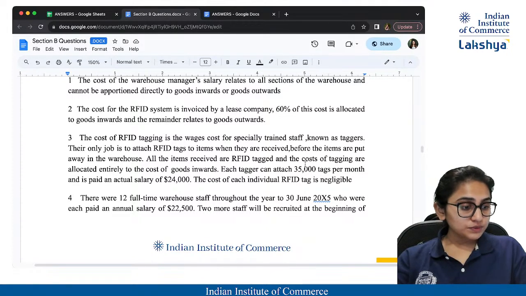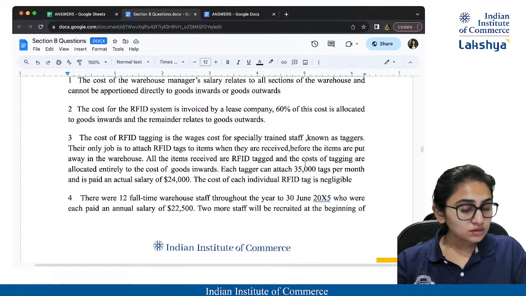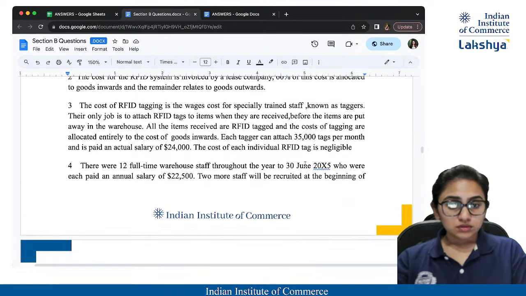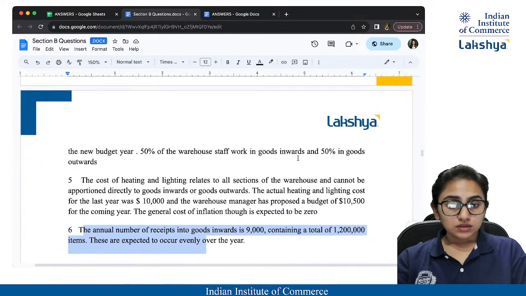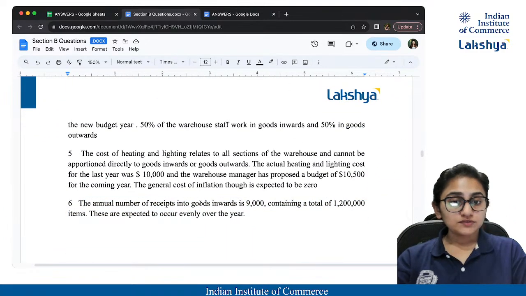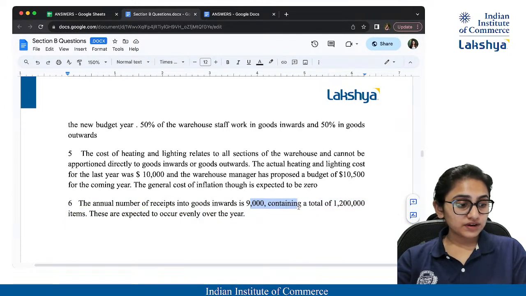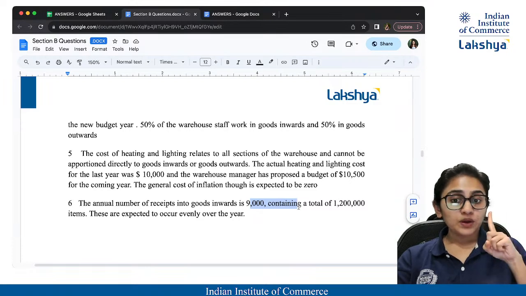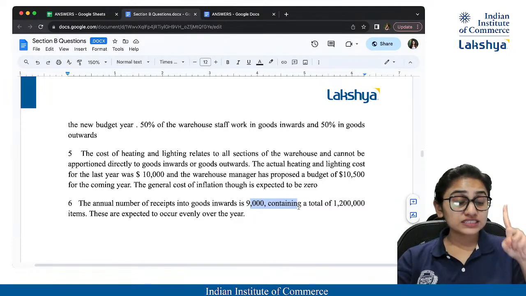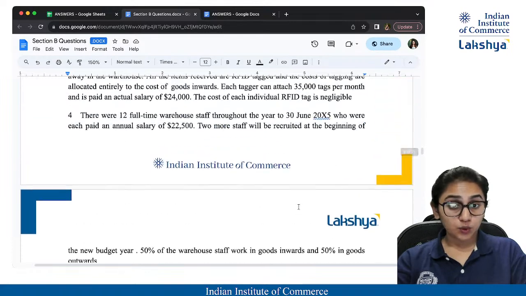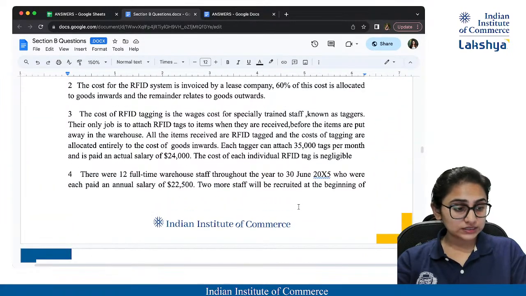And 1,00,000 per month divided by 35,000 tags will give you the number of taggers.